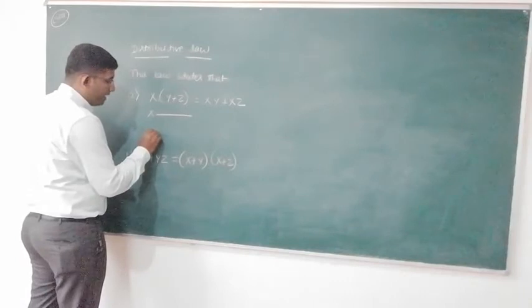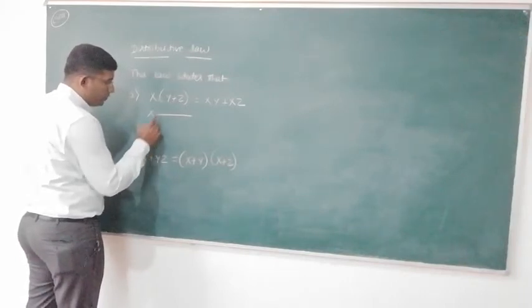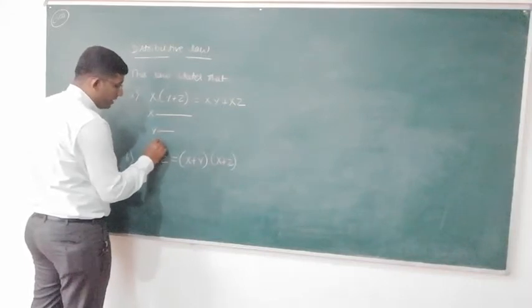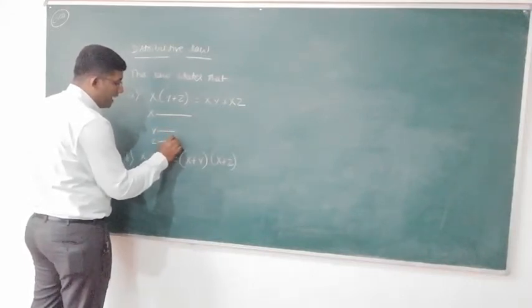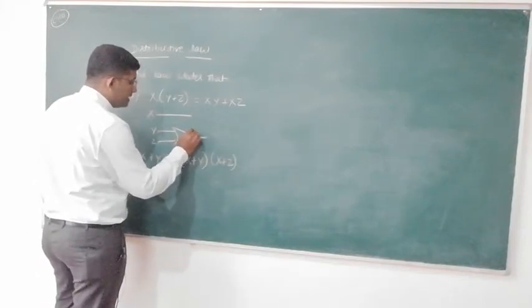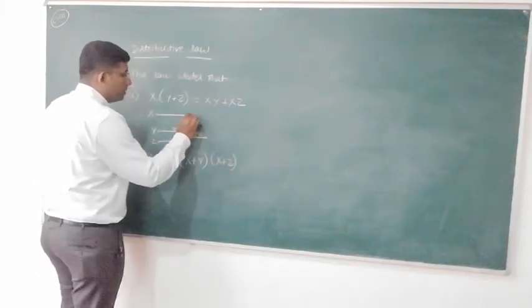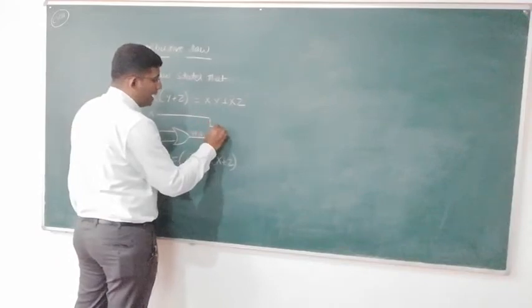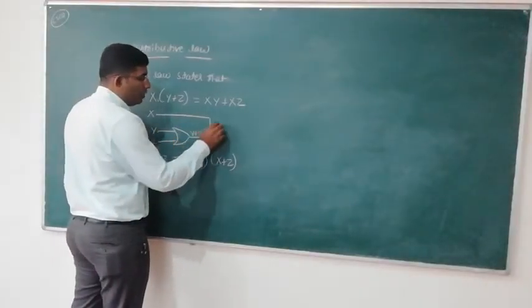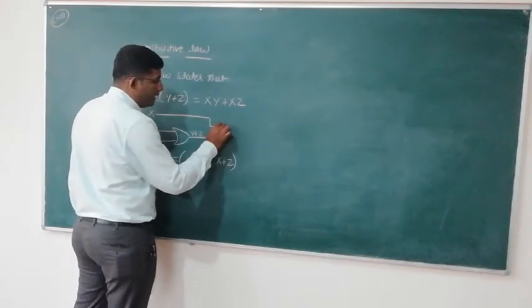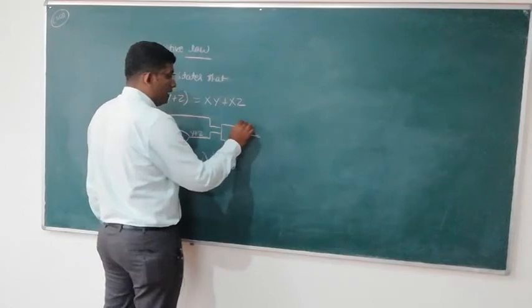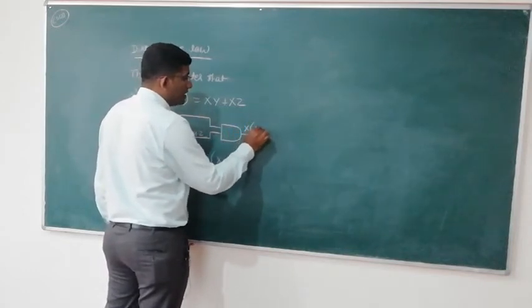I am going to consider an OR gate, and the first input for that OR gate is y and the second input is z. If both are inputted to an OR gate, the output of this gate is y plus z. Next, considering an AND gate, the first input will be x and the second input will be y plus z. If I am providing it to an AND gate, the output will be x of y plus z.